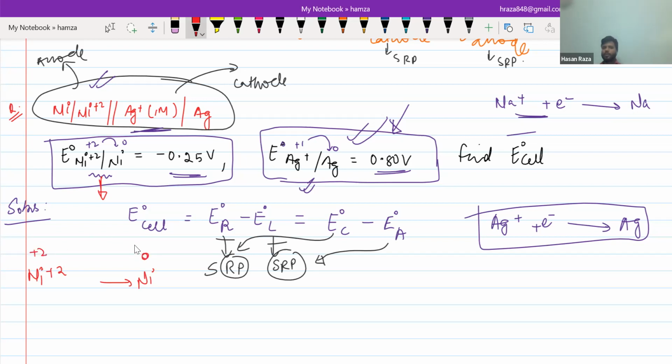Here the oxidation state goes from plus 2 to 0. Whether it is oxidation or reduction. Hamza, I'm waiting for your answer. Reduction.